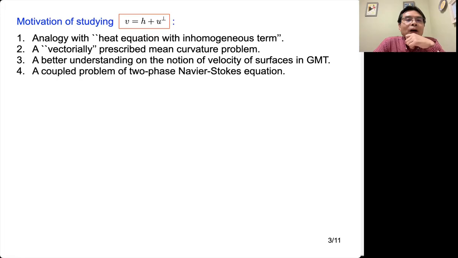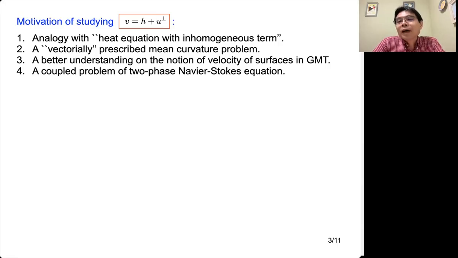The second motivation: this is a vectorial prescribed curvature problem. What I mean by this is that traditionally people study constant mean curvature surfaces, for example, where the mean curvature is constant.